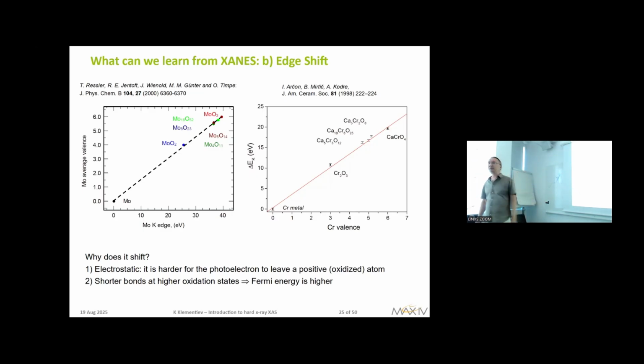It also forms a linear dependence. Basically every element forms this linear dependence, you just need to know it. You need to find it in the literature, since somebody has probably measured it already, or you measure your references yourself, define this plot, and then put your point for your unknown material on this plot.